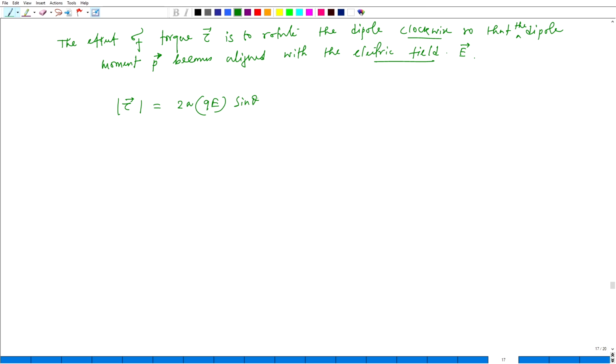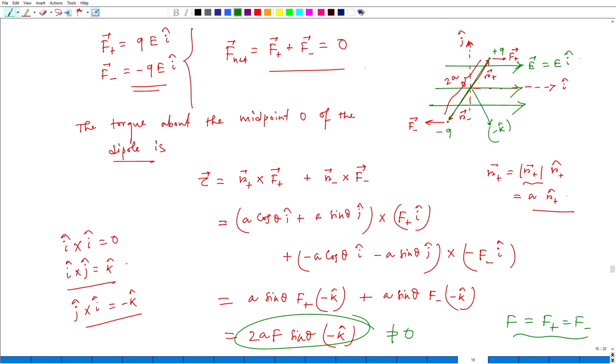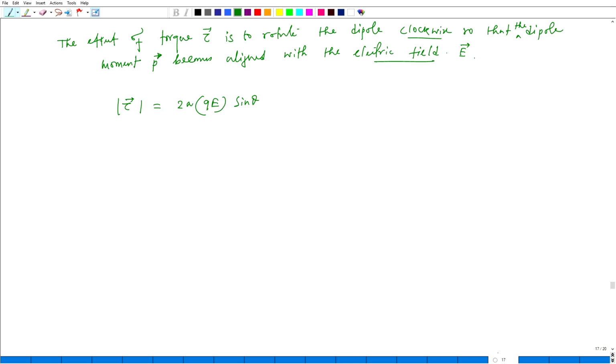Where theta is this angle, so this is sin theta. In terms of the dipole moment P, you know that P is 2qa, the charge times the distance between the two charges.